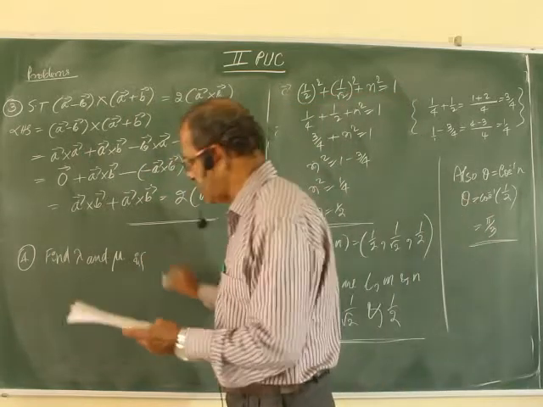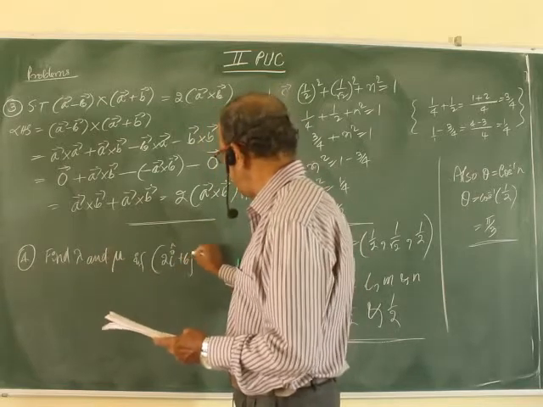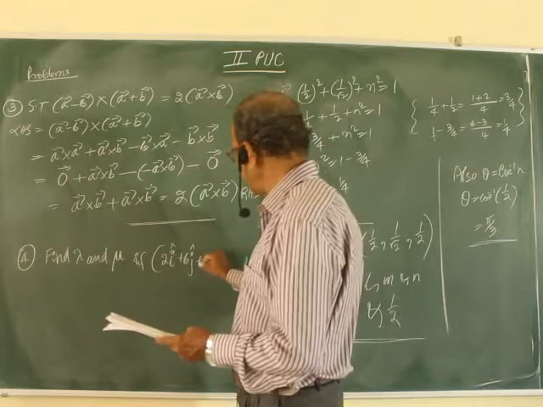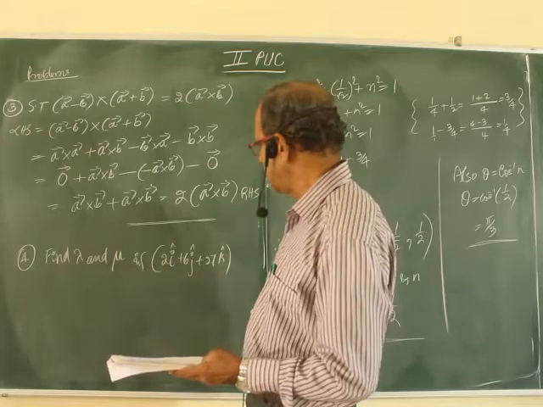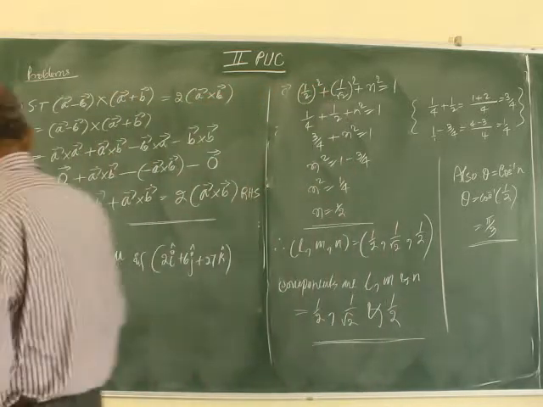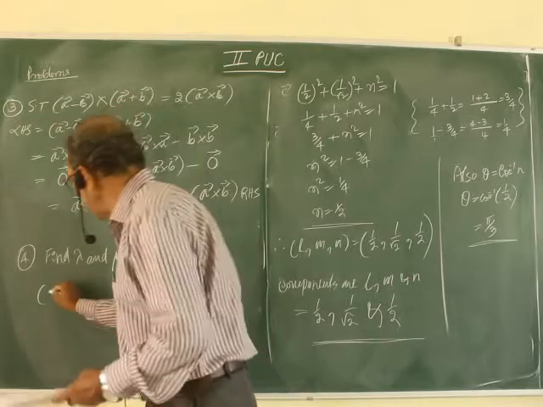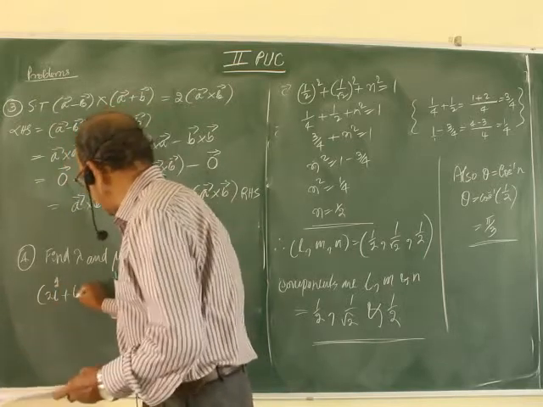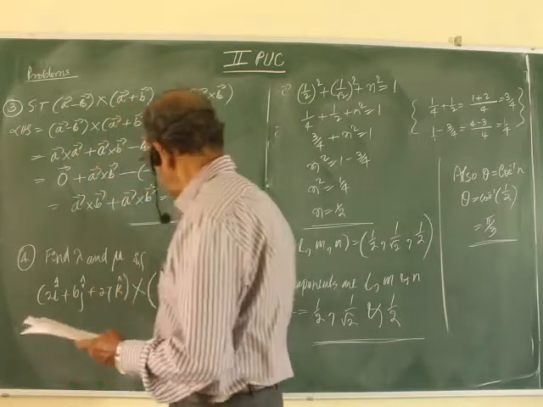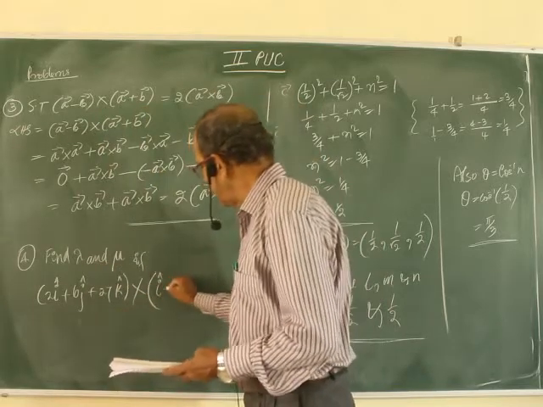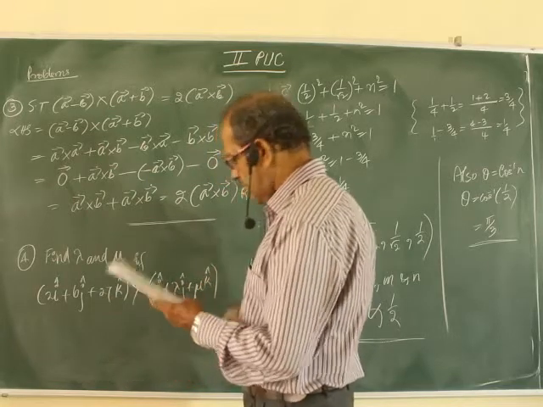If 2i plus 6j plus 27k cross i plus lambda j plus mu k equal to 0 vector.